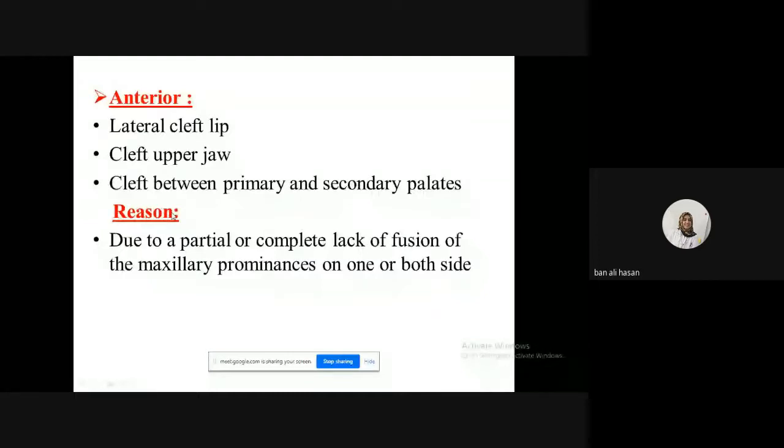So if there is a lack of fusion, there must be a cleft, and a cleft case will appear.